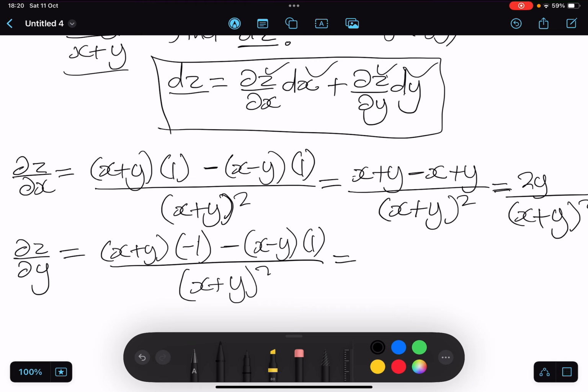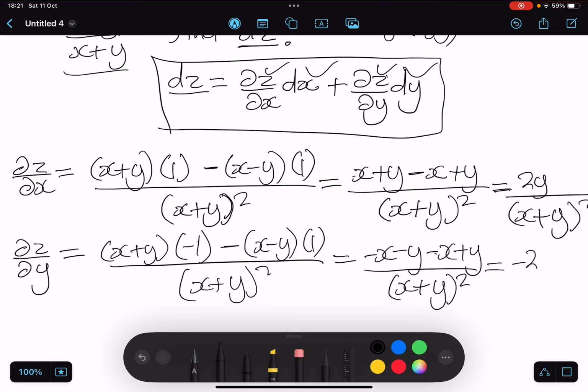When you simplify this, we get minus x minus y, minus x plus y, all over (x plus y) squared. So this simplifies to what?